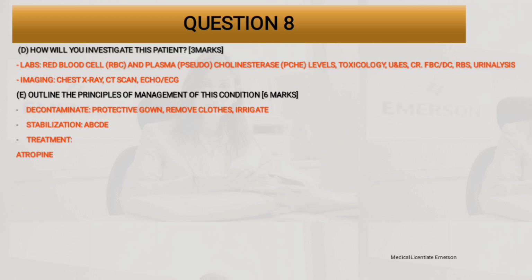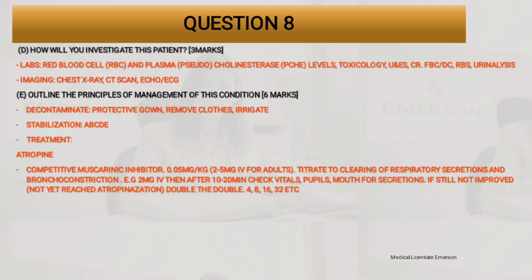Before you even institute that, you have to take note of the treatment, which is atropine. Atropine is a competitive muscarinic inhibitor. The dosage you can use is 0.05 milligrams per kg if you're using it for peds, but for adults usually we use 2 to 5 milligrams IV.